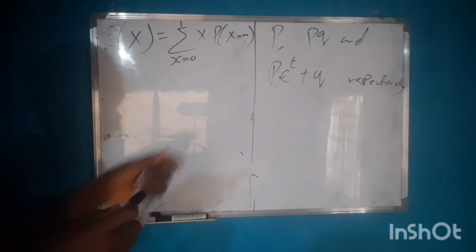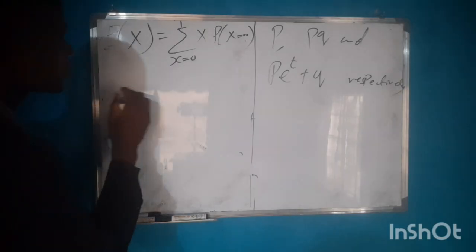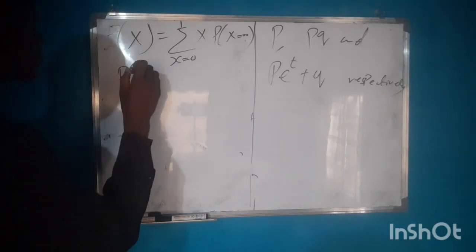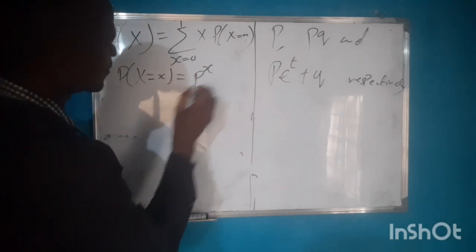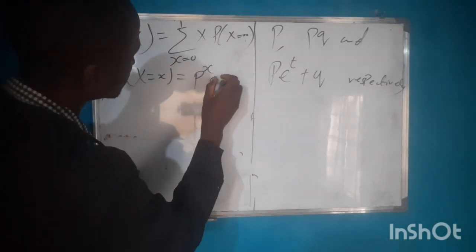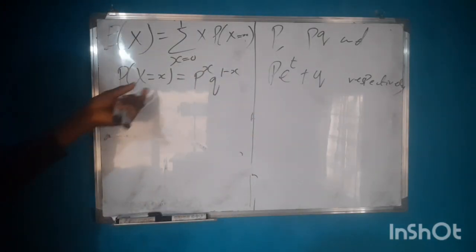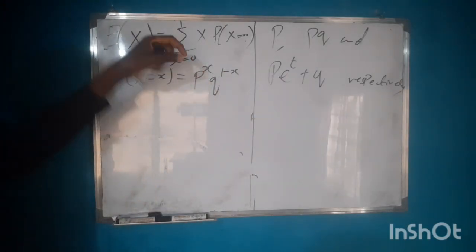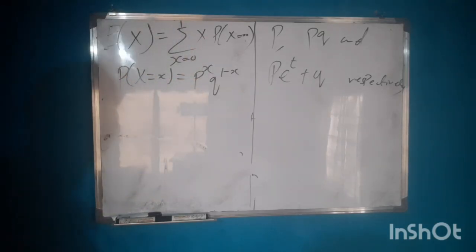For a Bernoulli distribution, the probability of X equal to small x is P raised to power x, Q raised to power 1 minus x, and the range of x is from 0 to 1.